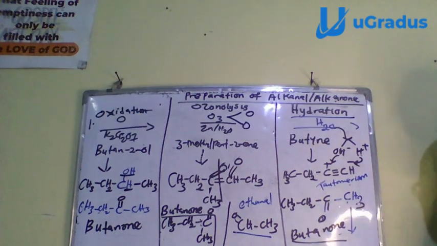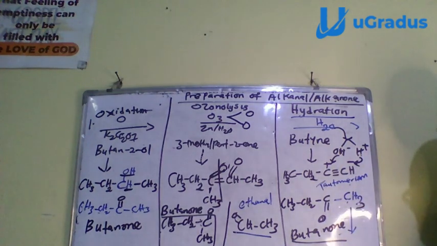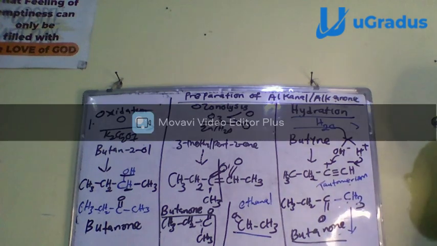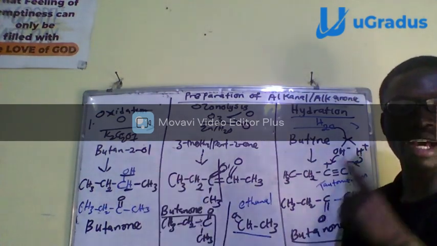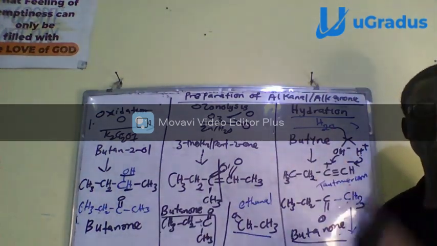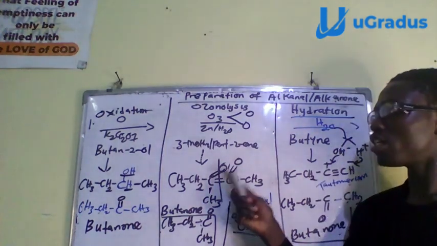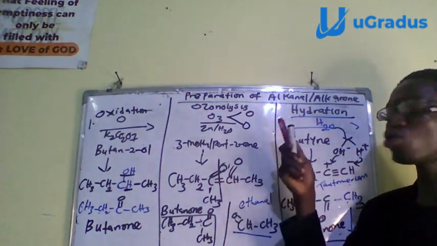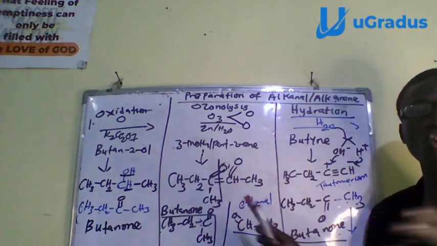In summary, the Markovnikov product of hydration of alkyne will give alkanone, while the anti-Markovnikov product of hydration of alkyne will always give alkanal. The oxidation of primary alcohol will give alkanal. The oxidation of secondary alcohol will give alkanone. The ozonolysis of a straight chain alkene will give 2 molecules of alkanal.